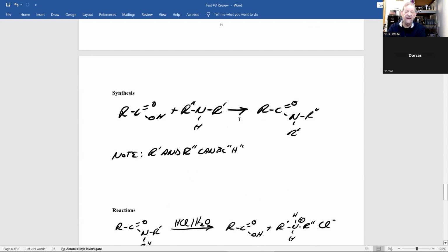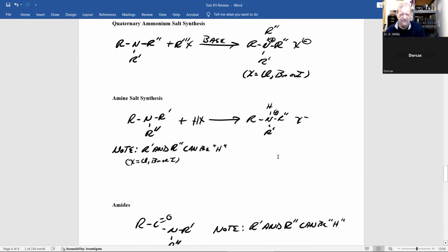You react a carboxylic acid with an amine or ammonia. Here, R prime and R double prime can be H or can be alkyls, and you get this amide. Now, in an amide like in amines, nitrogen has 3 bonds to it. Only in a quaternary ammonium salt and an amine salt do you have 4 bonds. Let's back up.